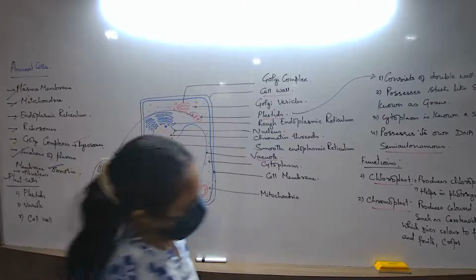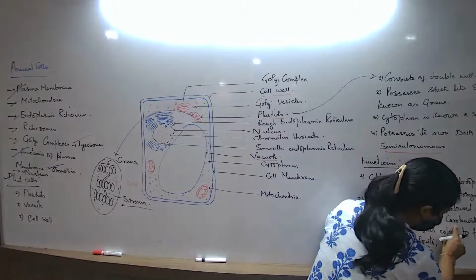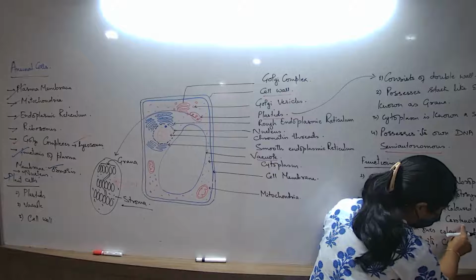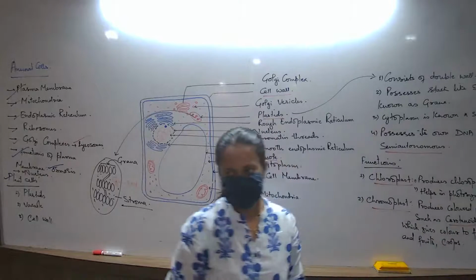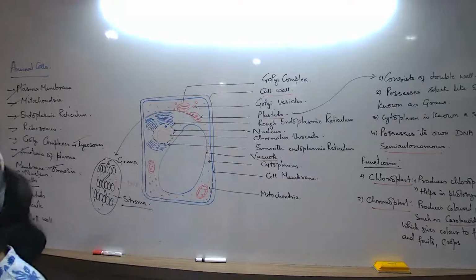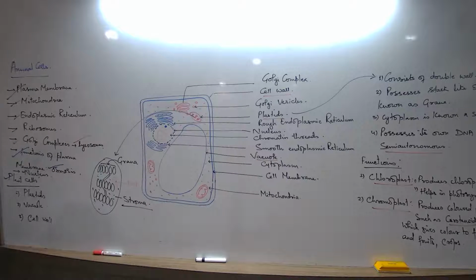I have given you only one example, such as carotenoids. Carotenoids, the orange color pigment, red color pigment, होता है that the plant can produce. So such type of pigments are produced by chromoplast. And chloroplast, they produce chlorophyll. जिसकी वजह से leaves are green. And leaves can undergo the process of photosynthesis.